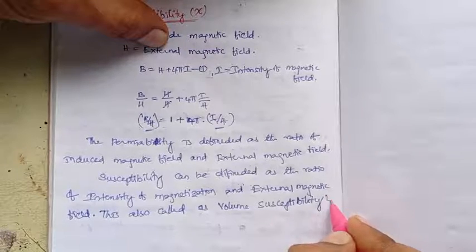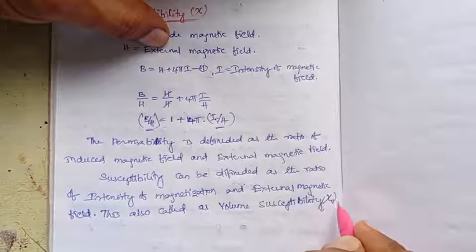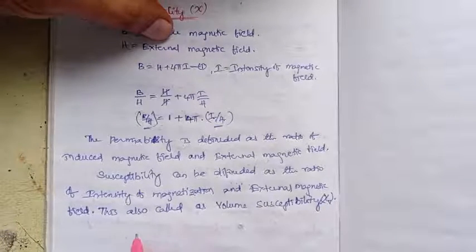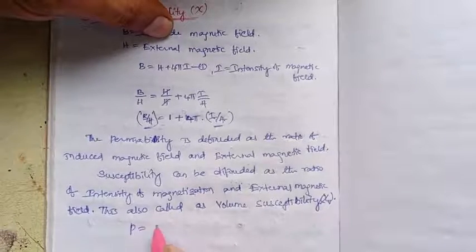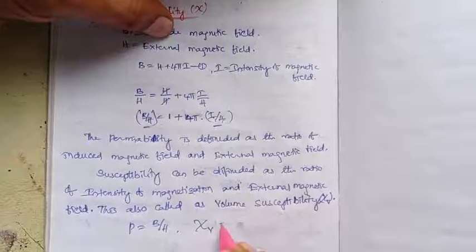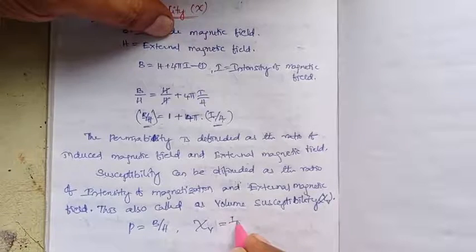And given a symbolic representation, chi, right? Permeability is equal to B by H. Volume susceptibility is equal to I by H.